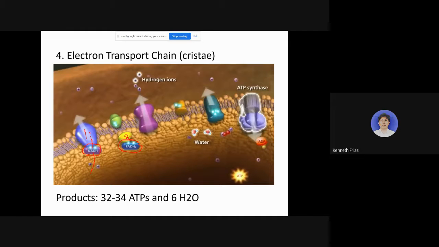So what will happen to NADH? It will be transformed back to NAD, and the FADH2 will be transformed back to FAD. Okay? So NADH will become NAD, FADH2 will become FAD. What happens there is when the electrons are donated to these protein complexes, the electron transporters will fetch them.